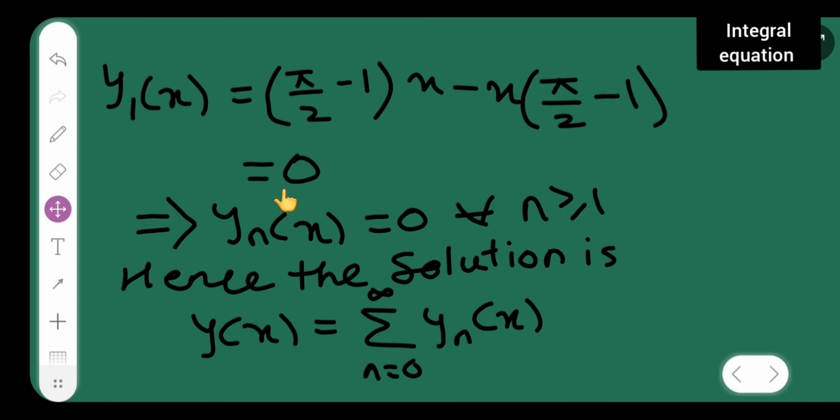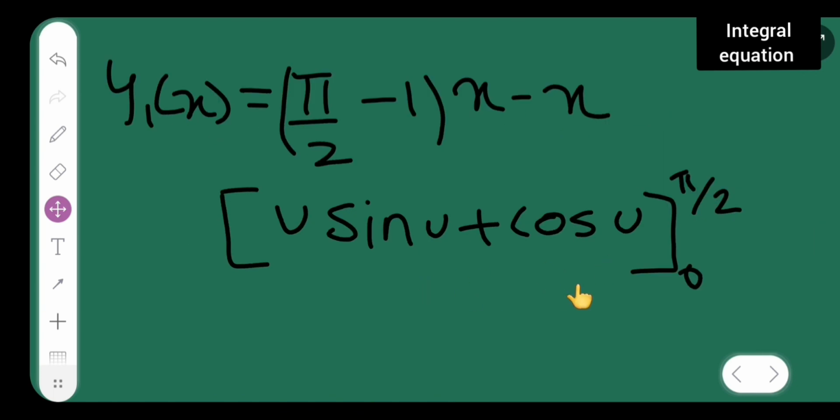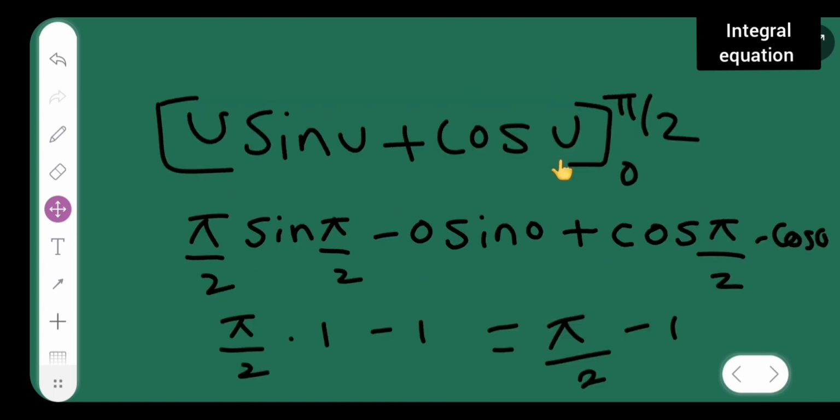Now I will explain how I got this part, pi by 2 minus 1. So u sine u plus cos u, I was supposed to explain how I got pi by 2 minus 1. Substitute pi by 2 sine of pi by 2 minus 0, upper limit minus the lower limit for this one, plus upper limit minus the lower limit for this one.